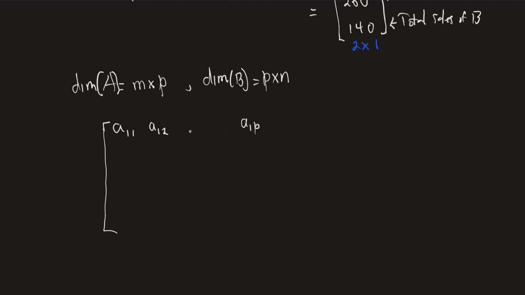But what I'm going to write down here is, well, yeah, let's do the dots there. And then I'm going to do A21, A22, and then A2P. And then this goes down to M rows. So the last row starts with the AM1, AM2, AMP.